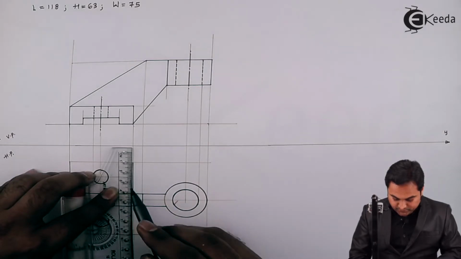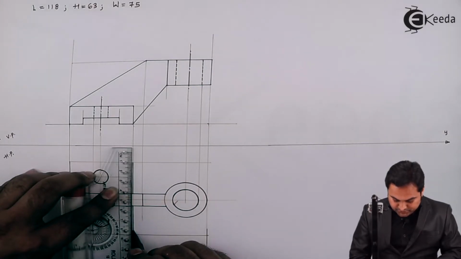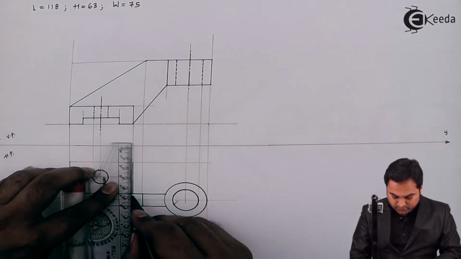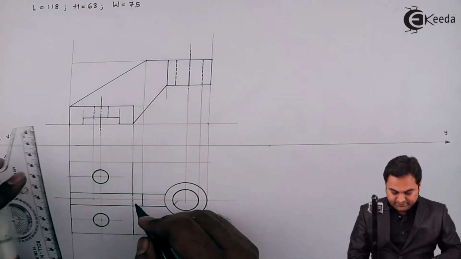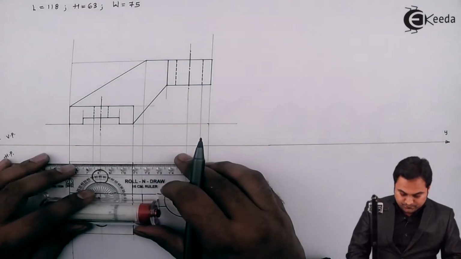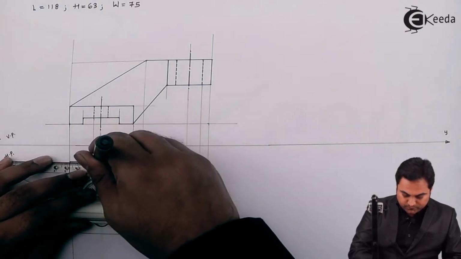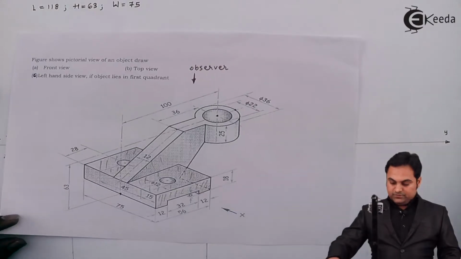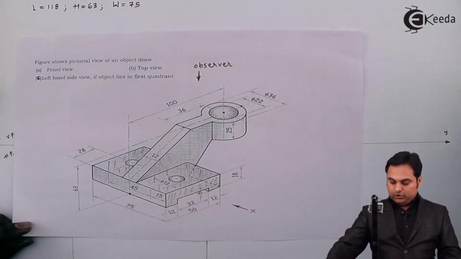It will be visible only up to this portion because there is a rib in between, and the portion of the plate will be hidden inside the rib. So this much is the visible portion in the top view.